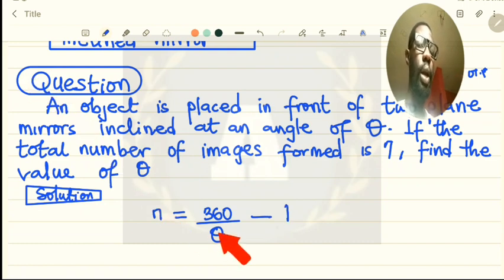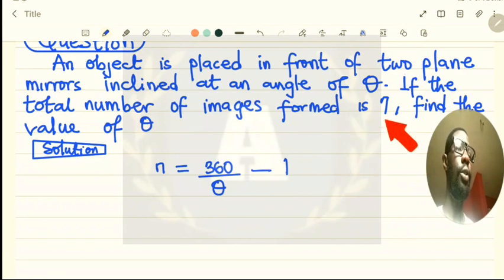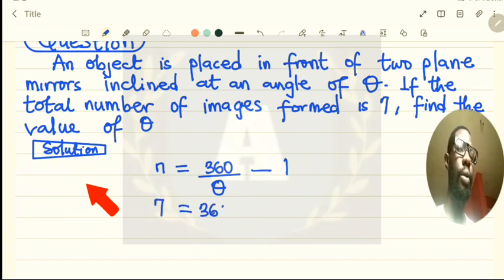So this is the angle made, and this is the number of images formed. The number of images has been given in the question to be 7. We're looking for this theta. So 7 is equal to 360 divided by theta minus 1.